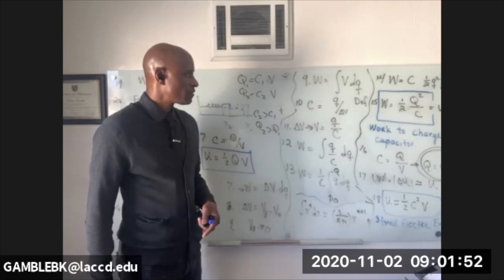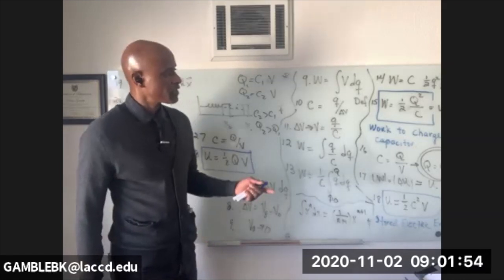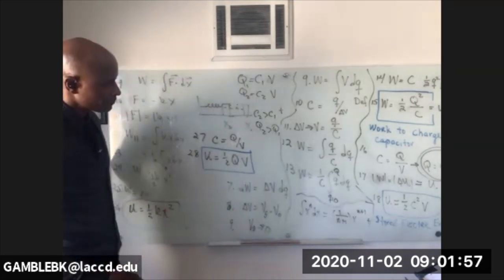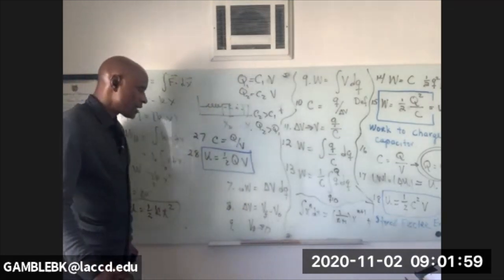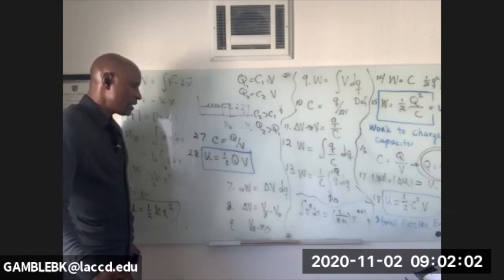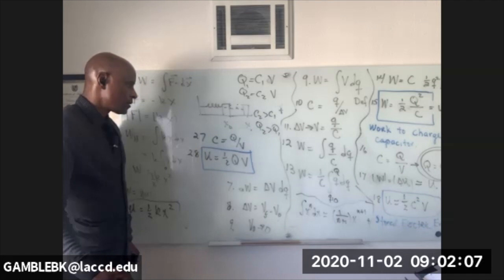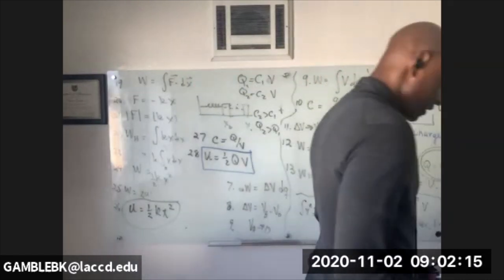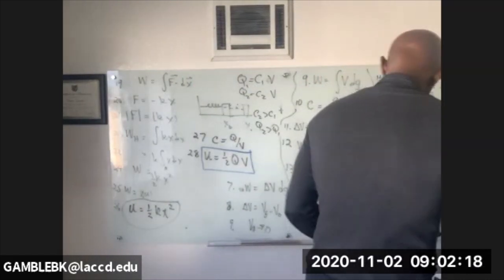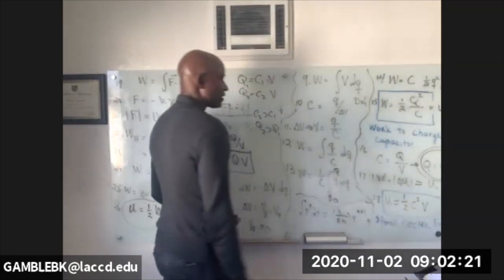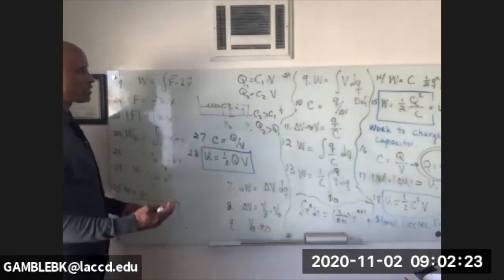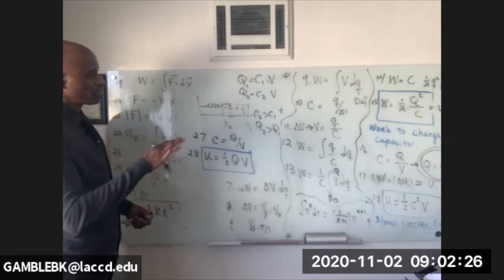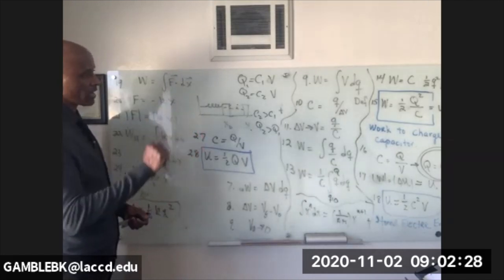The energy is inversely proportional to the capacitance, but basically it's saying that it's easier to send charge from one conductor to the other if the capacitance is larger. The larger the capacitance, the easier it is to send charge, because the energy transfer is equal to 1 over the capacitance.